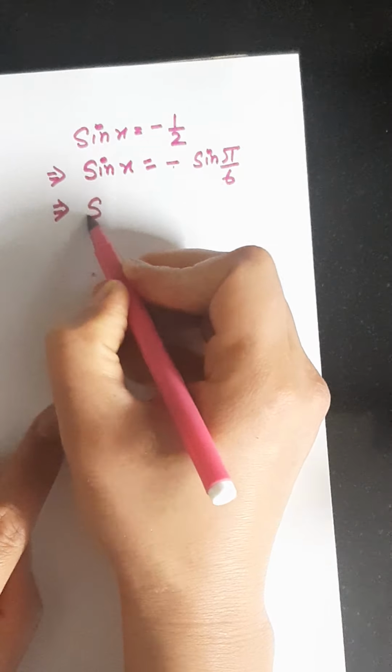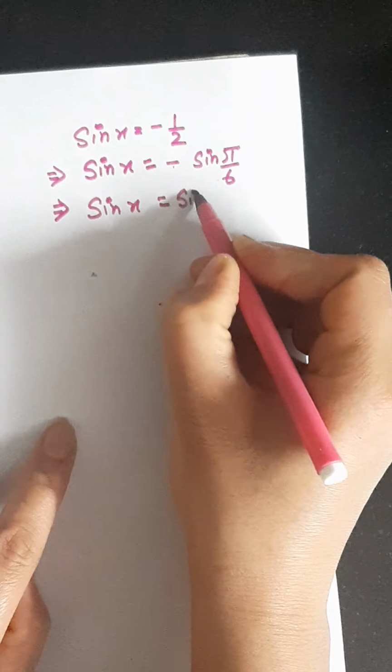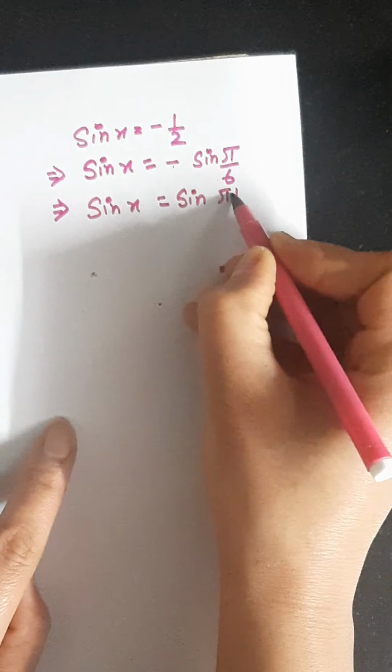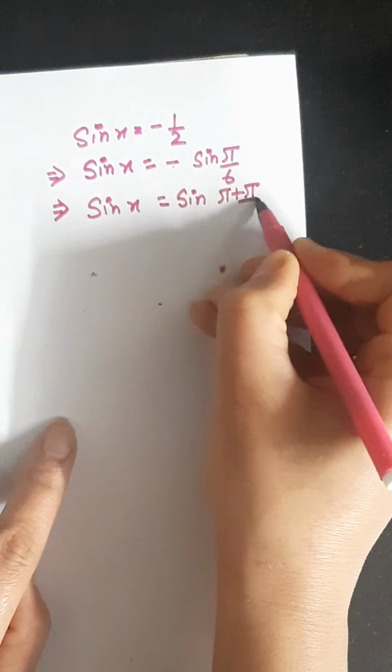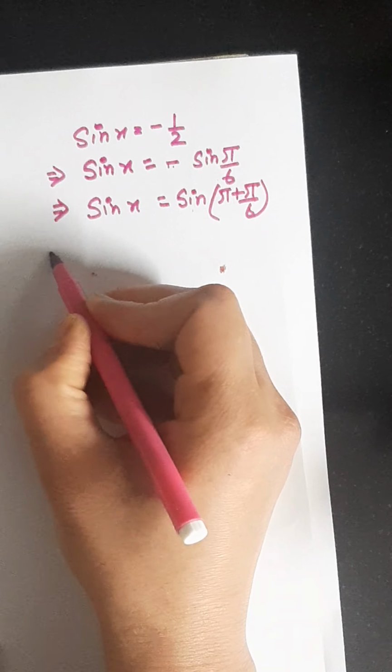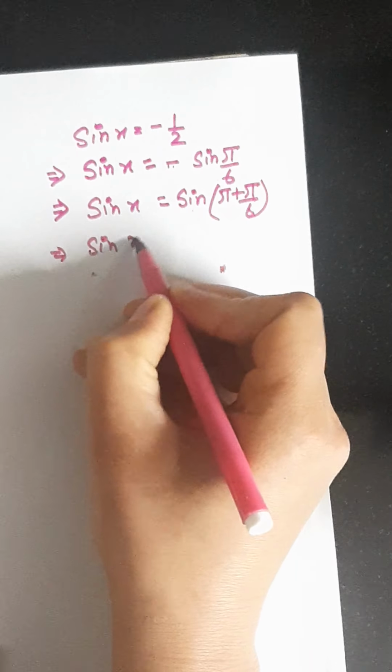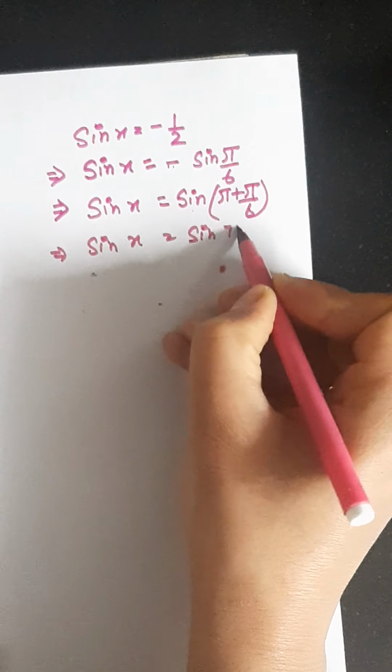So sine x equals minus sine pi by 6. Minus indicates it is in the third or the fourth quadrant. So here I can write sine of pi plus pi by 6. Minus sine pi by 6 means sine of pi plus pi by 6. This we have done in the previous module. So which implies sine x is equal to sine 7 pi by 6.